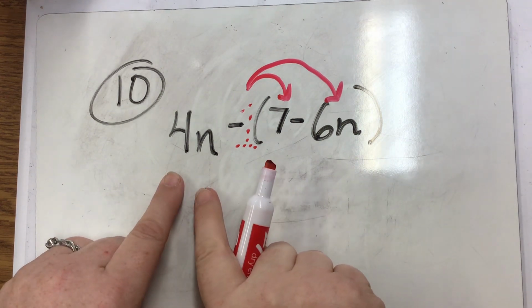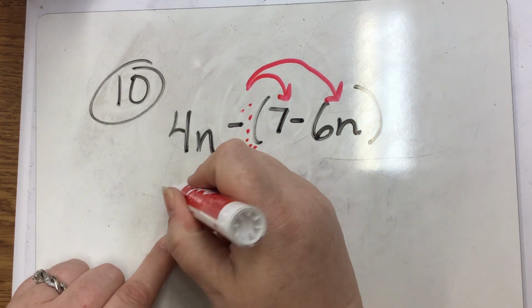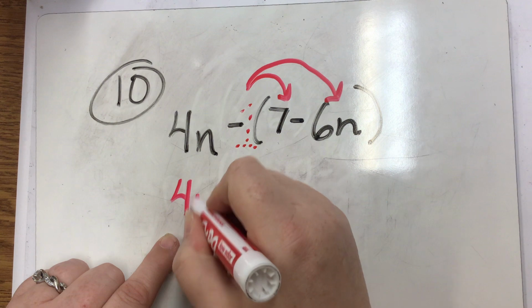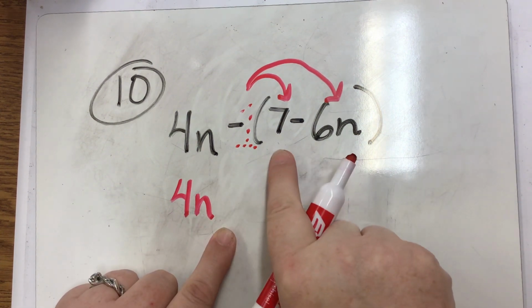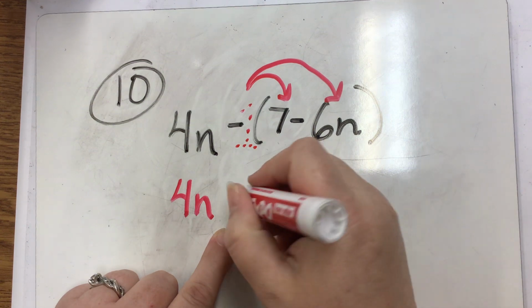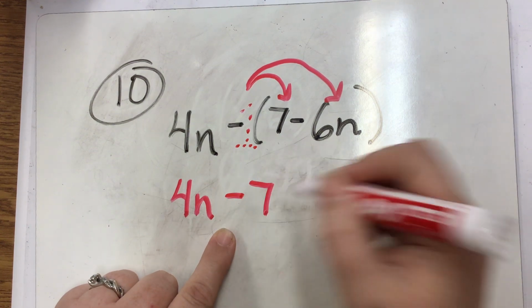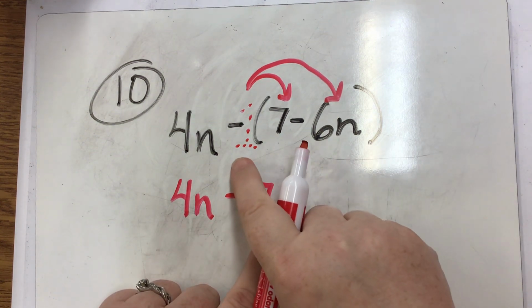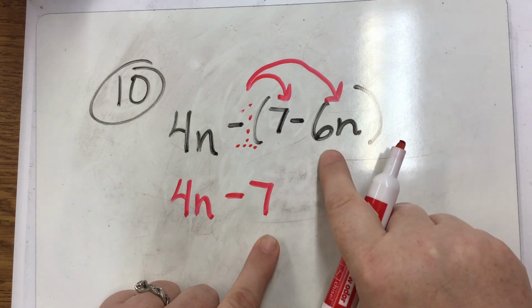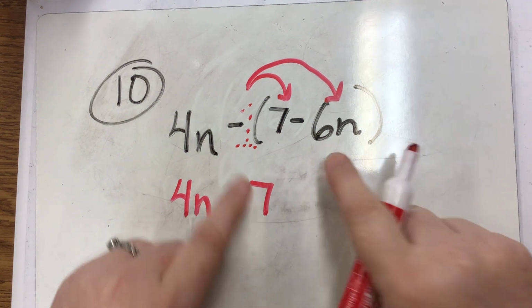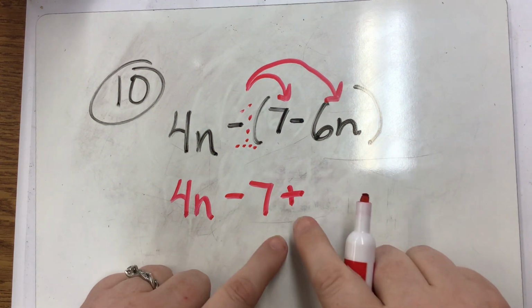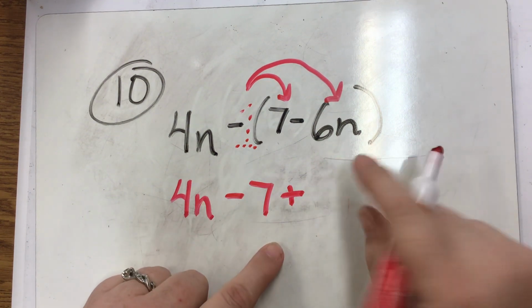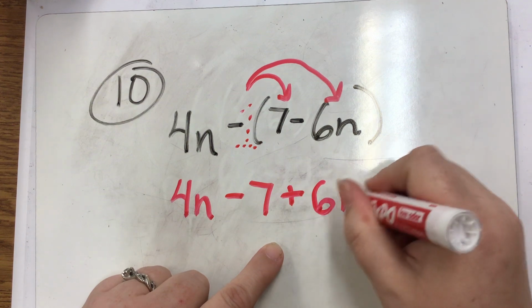Okay? 4n, we're not going to do anything with him. We're just going to bring him down. 4n, negative 1 times 7 is negative 7. Negative 1 times negative 6. A negative times a negative is a positive. Okay? Positive 6n.